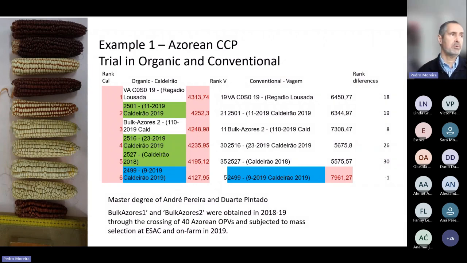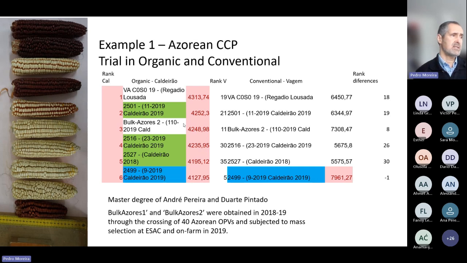We put them in isolation in the field, in a way that we could make the mixture of these populations in order to obtain a bulk of the seeds.